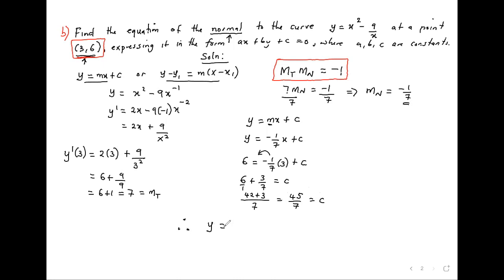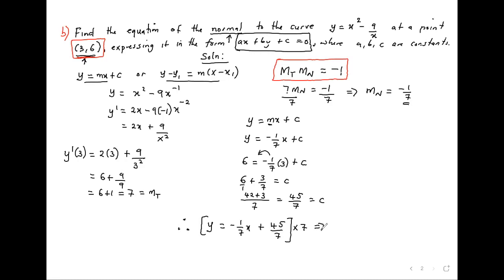So the equation is going to be y is equal to -1/7 x plus 45/7. We've been asked to leave it in this form, so we multiply throughout by 7 to avoid the denominator.